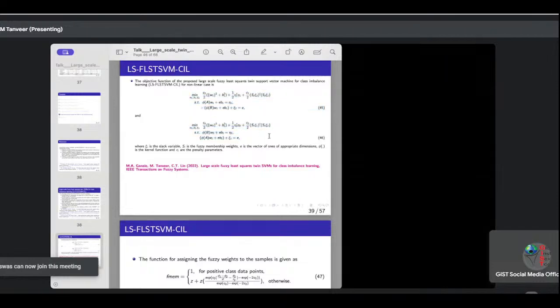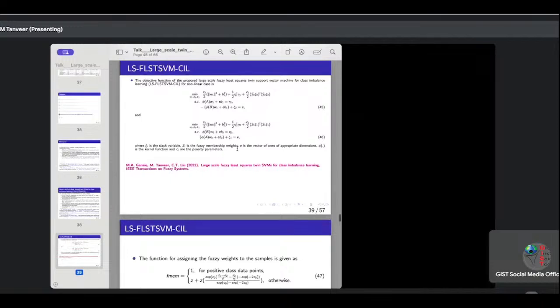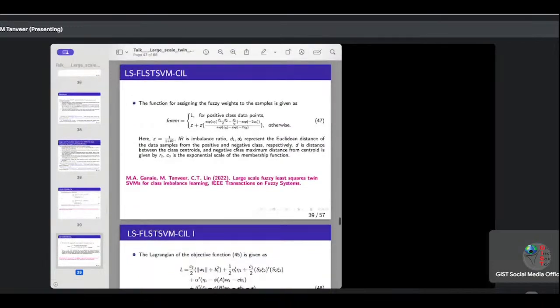Essentially, if you look at it here, S1 and S2 are the fuzzy membership weights. So we are giving appropriate fuzzy membership values to all data points. And how to do that? You can see that for a positive class data point, we just say this is 1. And for the other data points, we are using these membership functions.